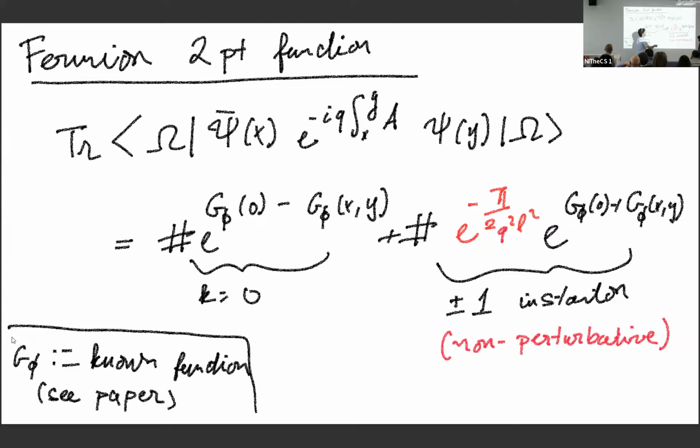The only thing that you need to know is that the 1 instanton contribution is down by a non-perturbative factor. It goes like 1 over the gauge coupling squared in the exponent. So if the gauge coupling is very small, this correction is extremely small, right? It's very suppressed. Typical instanton suppression.